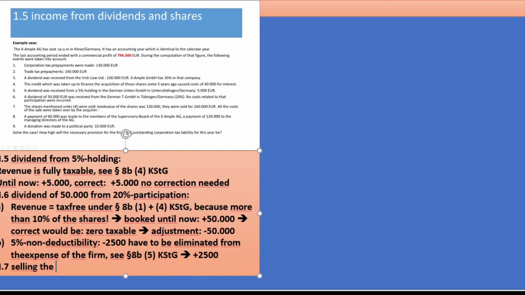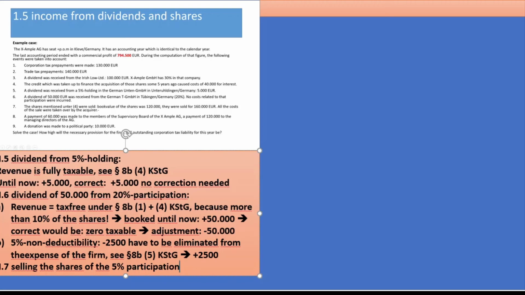So selling the shares of the 5% participation mentioned under 5.